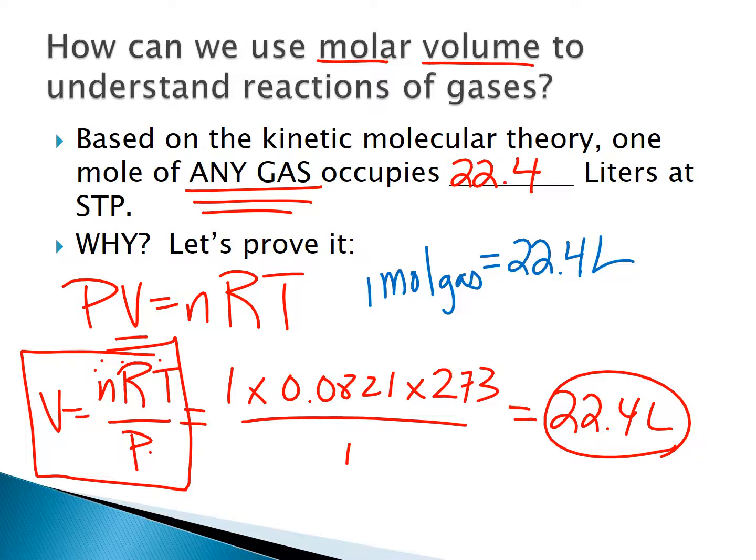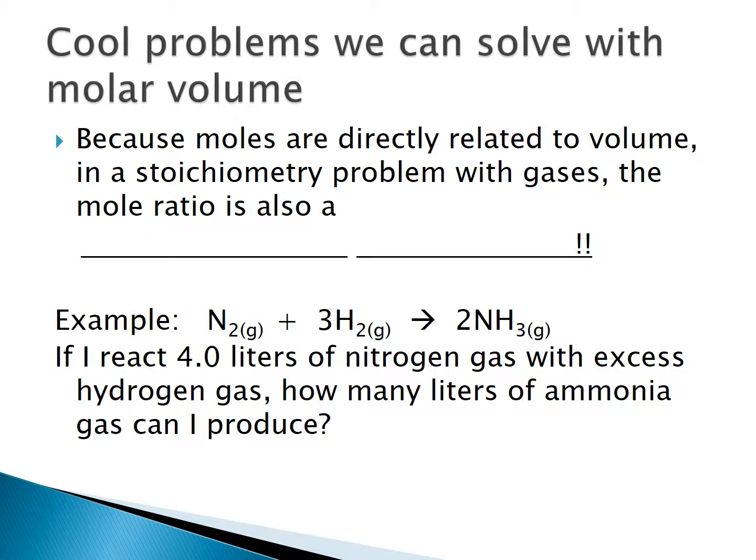So if we know a volume of a gas, we can calculate the number of moles. If we know the number of moles of gas, we can calculate its volume. Because moles are directly related to volume, when we look at a balanced chemical equation, the mole ratio that we see is also a volume ratio.